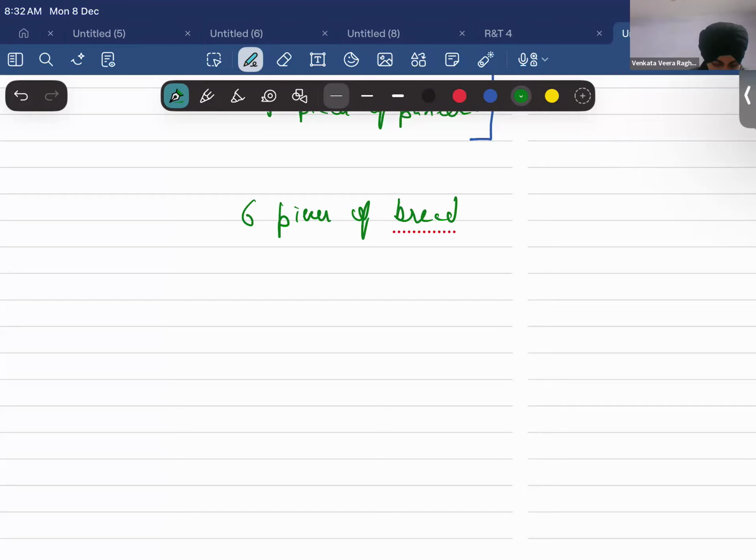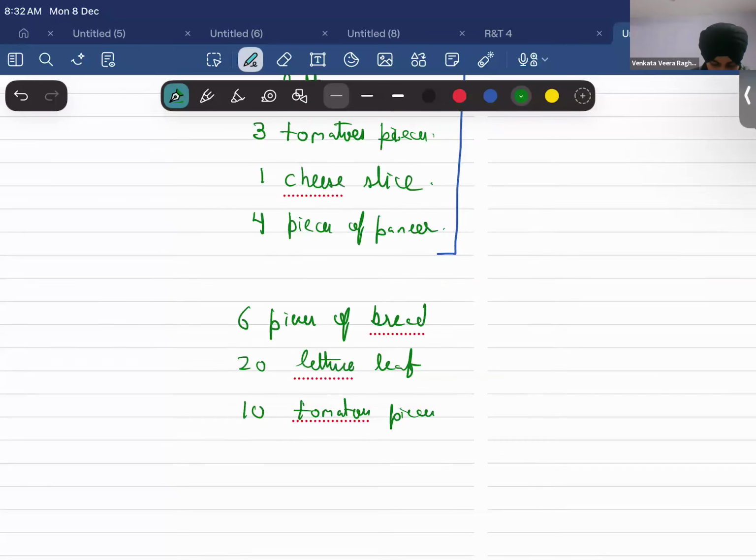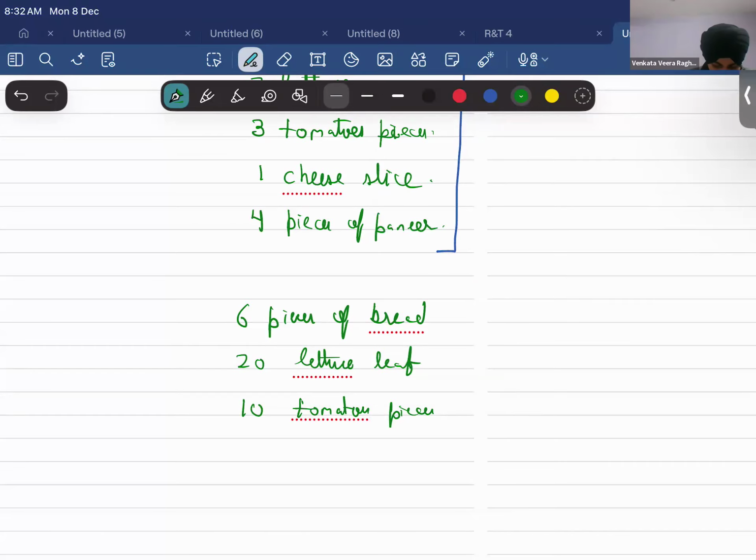Then someone also gave you 20 lettuce leaves, then 10 tomato slice pieces, then 4 cheese slices, and someone also gave you 10 pieces of paneer.